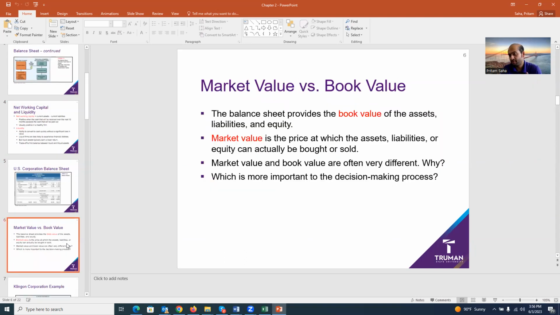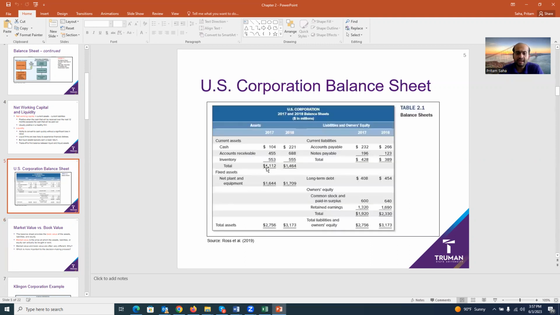Now, when you talk about asset value, there are also two definitions: market value versus book value. In the balance sheet, whenever any asset is recorded, specifically a fixed asset, it is recorded at historical cost after depreciation.